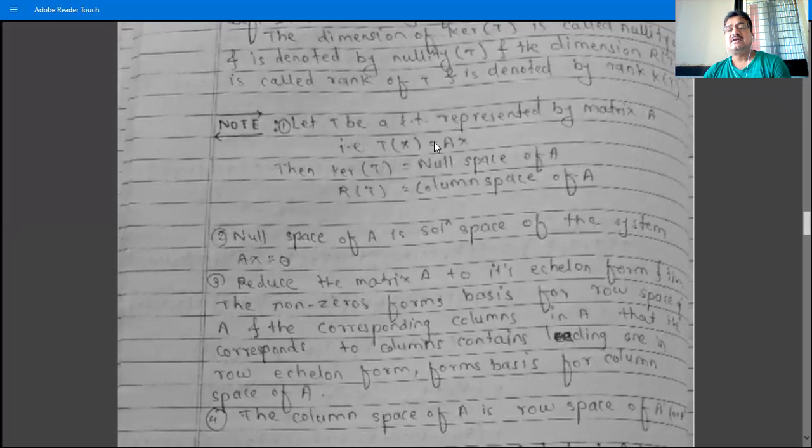Then we find the standard matrix, and the null space of that standard matrix A is the kernel of T, and the column space of the standard matrix A is the range of T.